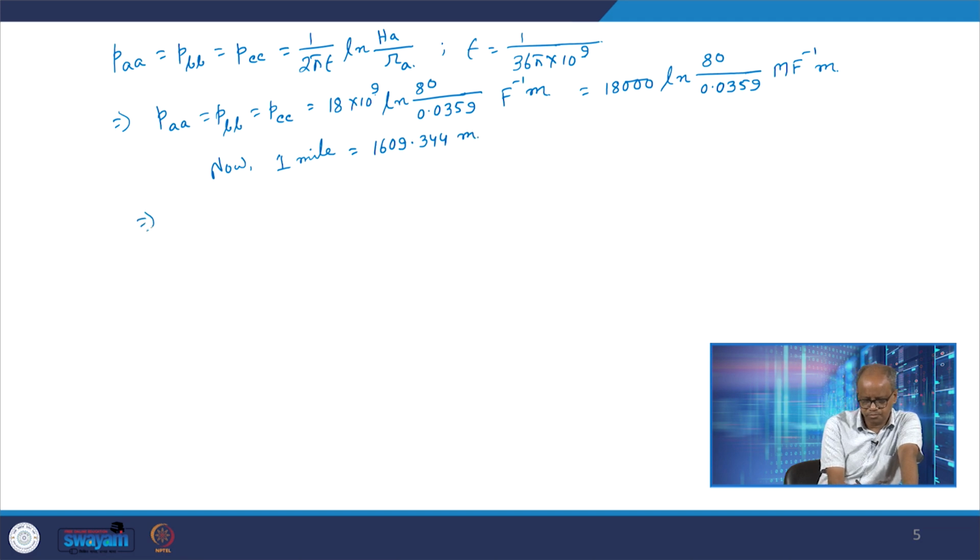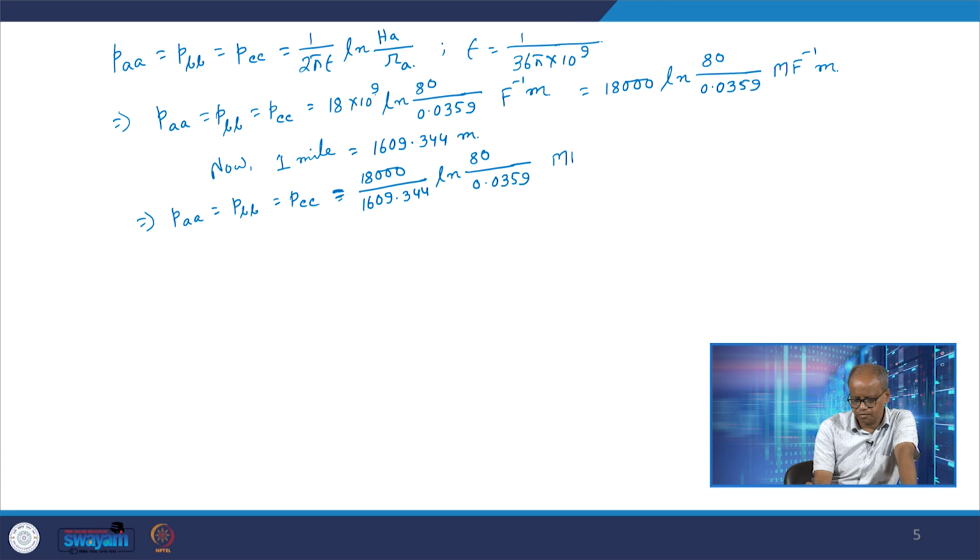So then therefore PAA is equal to PBB is equal to PCC is equal to, now I convert it into mile, so it will be 18,000 divided by 1609.344 into log 80 by 0.0359 mega farad inverse mile, right?